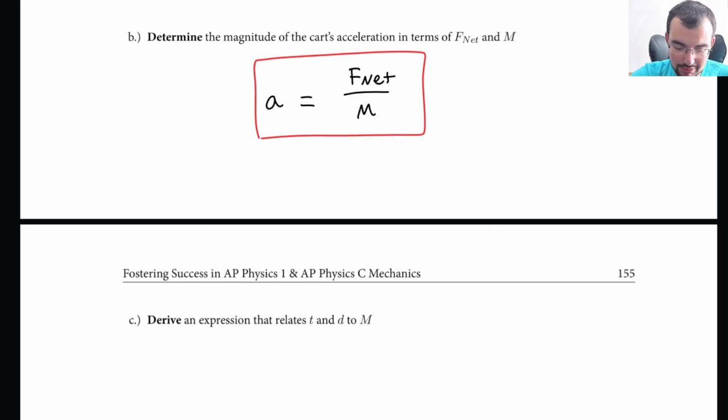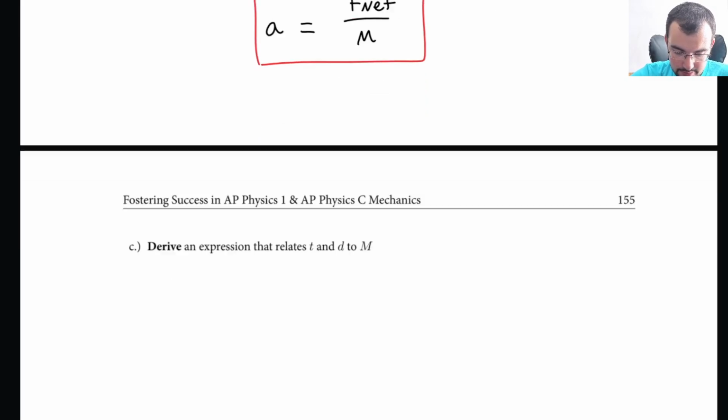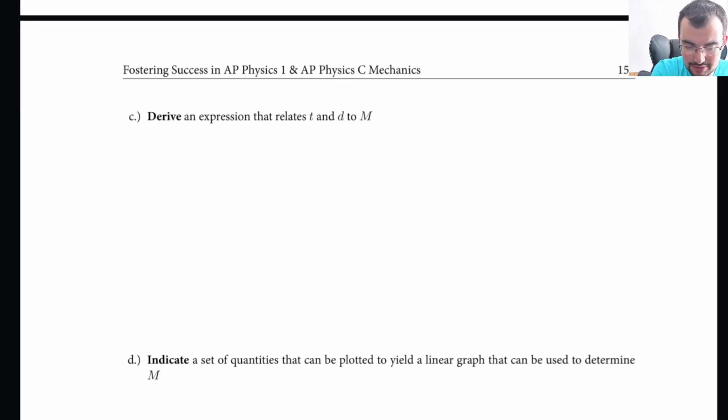Derive an expression that relates t and d to m. So we have arrived at this fact that acceleration equals F net over m. And we would like to somehow get a relationship that relates d and t to m, because we're interested in this mass m.